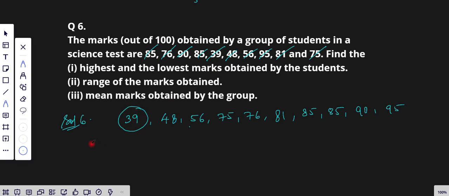So the lowest marks is equal to 39 and the highest marks is equal to 95, right? Please note it down fast.